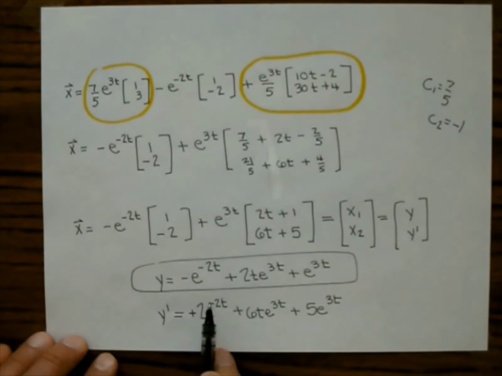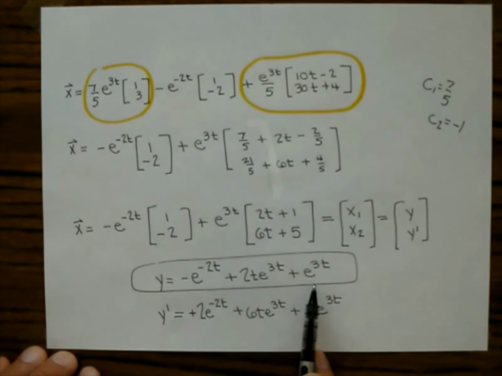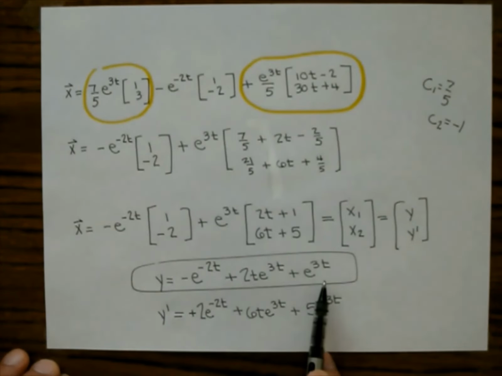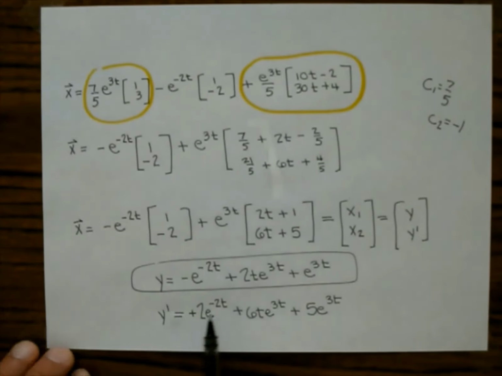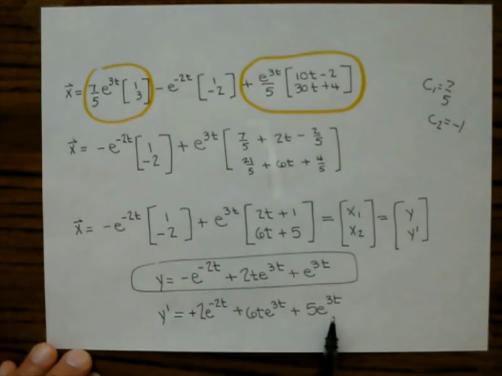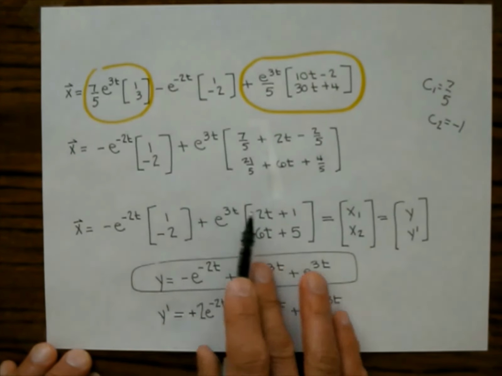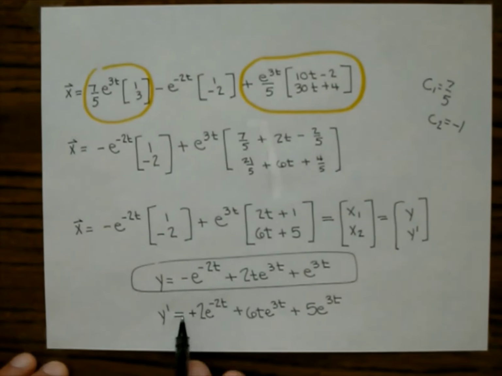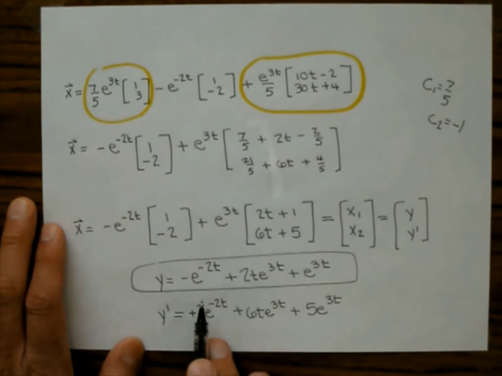Now it doesn't look like it, but this down here is the derivative of this. So if you were doing a circuit problem and you had the charge here, then we would have the current right there. And so this whole matrix development would be holding the charge and the current, because the current is the derivative.